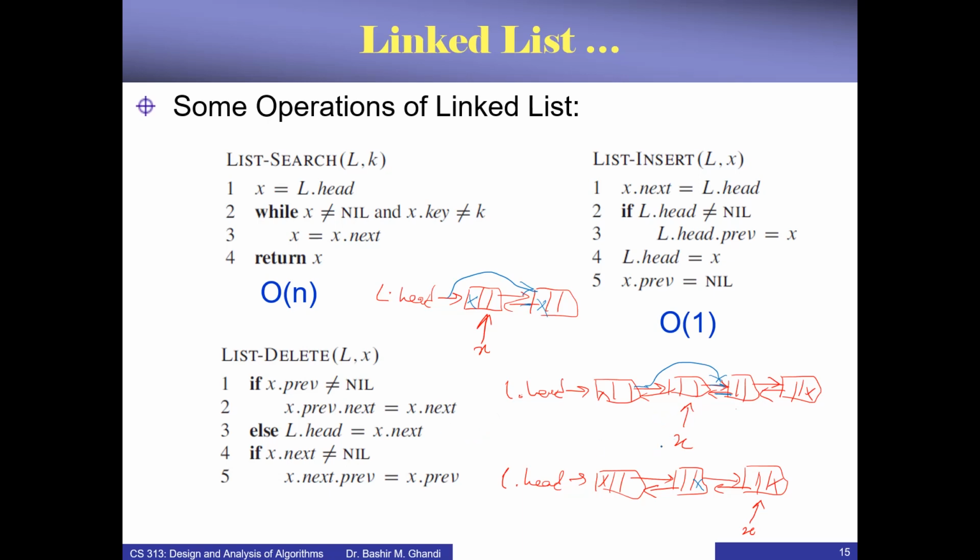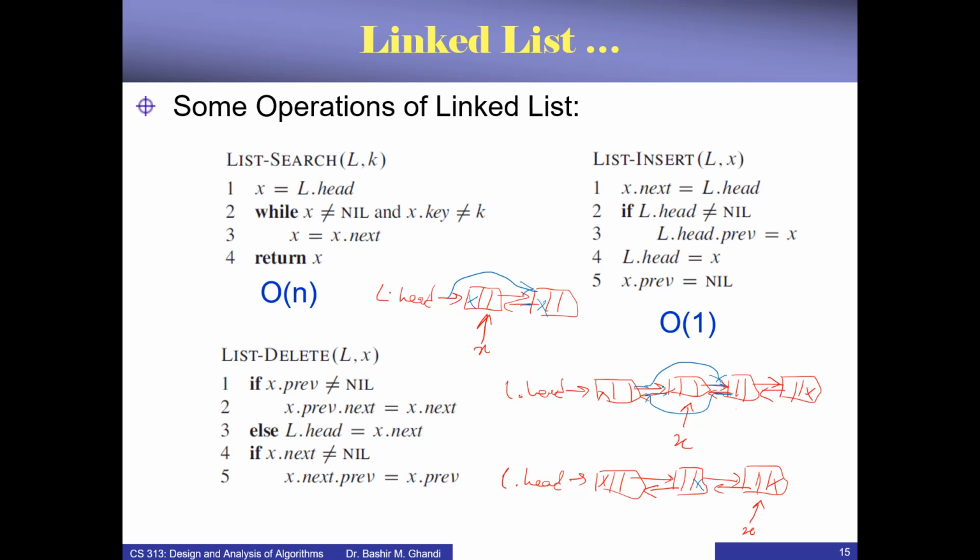So also here, x.next is not nil. So we are saying x.next.prev, which is this variable, let it become x.prev. Well, this is x.prev. So you're basically saying let this come here. So again, in that case, this node will have no reference.